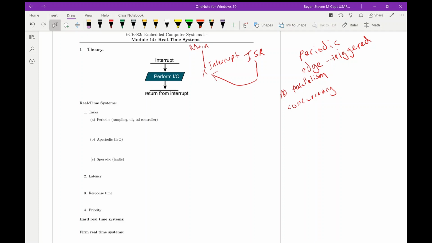All right, so different kinds of tasks. We've seen periodic tasks. That's our Timer A1, our SysTick timer happening at a specific rate. So this is Timer A1 or SysTick.